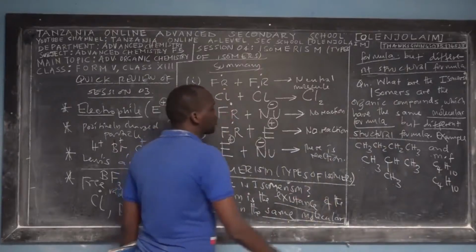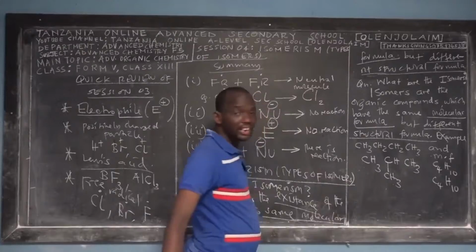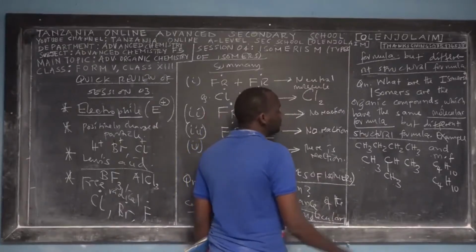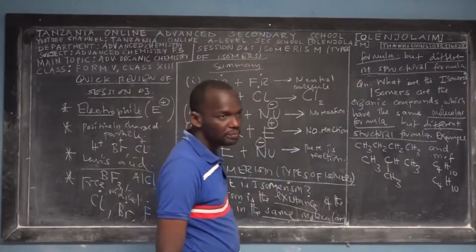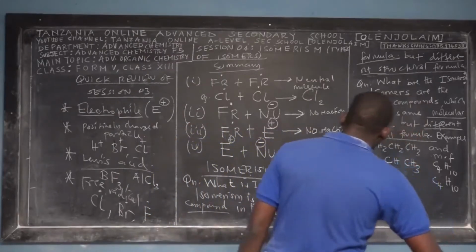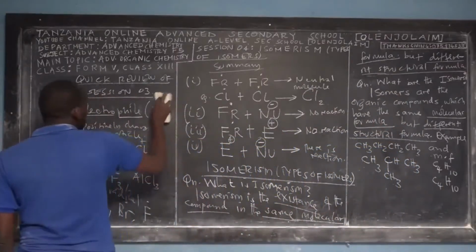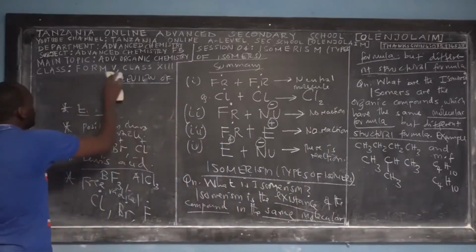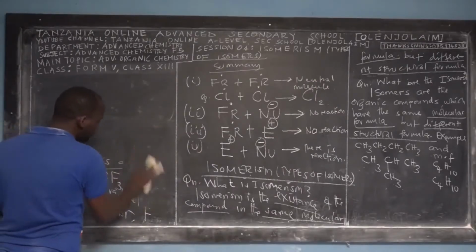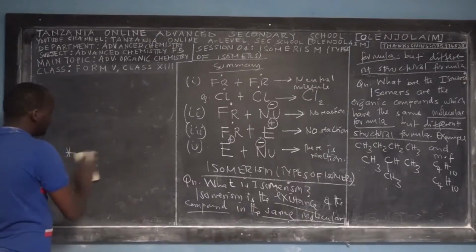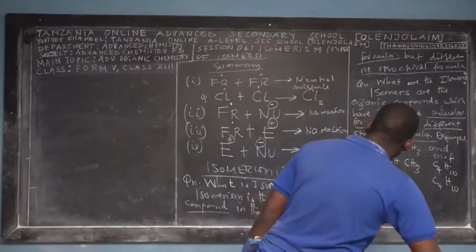But the structure is quite different. Even the nomenclature: the first we call butane, while this one we call 2-methylpropane. So you have to bear in mind that when we talk about isomerism, we mean compounds which have the same molecular formula but different structural formula.